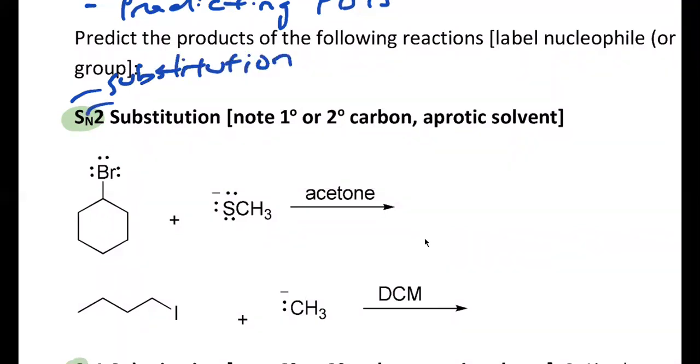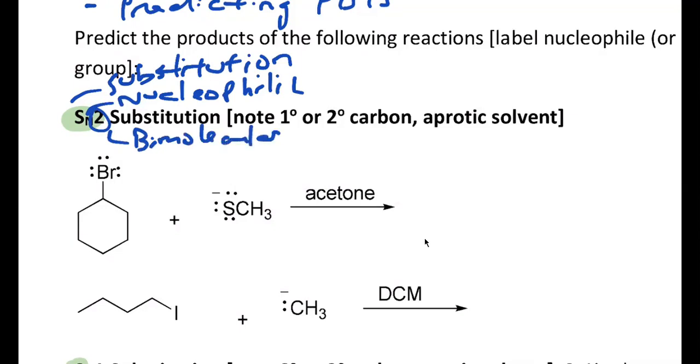The N is for nucleophilic. And then the 2 is for bimolecular. All right, it's bimolecular. So substitution, nucleophilic, bimolecular.